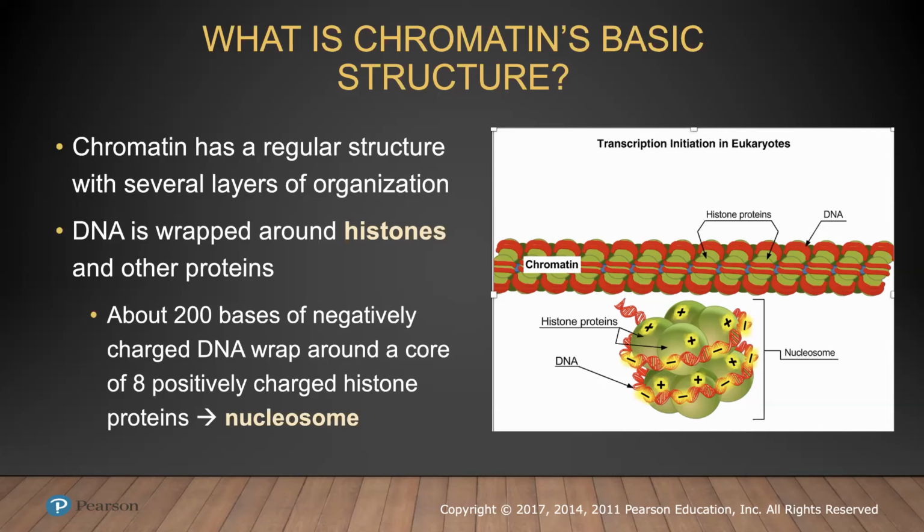What we see here in this picture is that DNA, represented by this red color, is wrapped around some very special proteins known as histones, represented by the green ball structures. What this interaction allows is a much closer, tightly packed DNA.